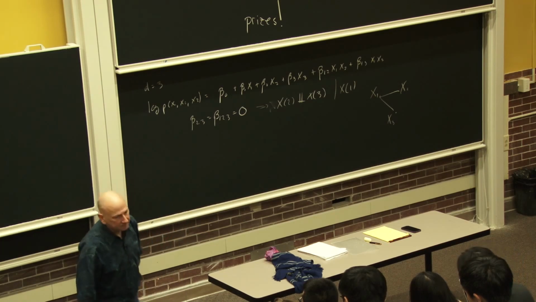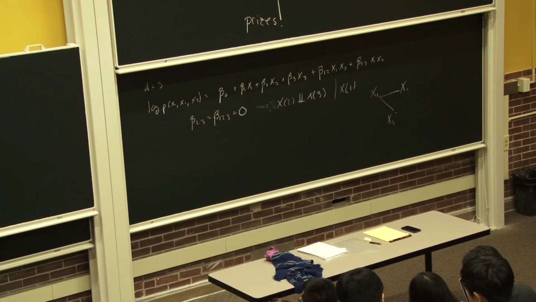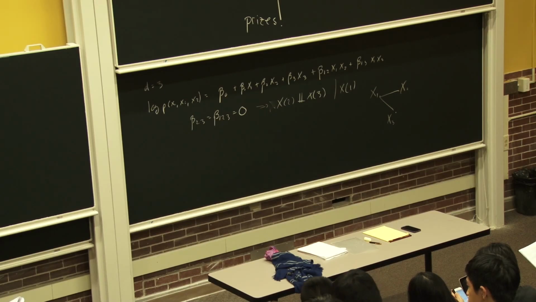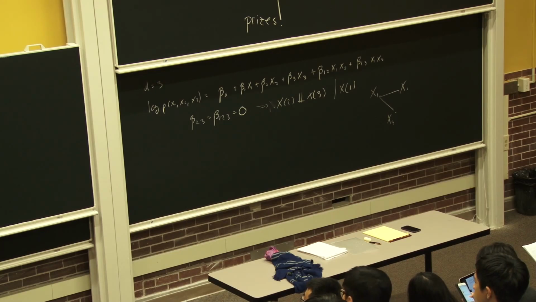You can factorize it somehow. Yep, it's from the factorization. But the statement in the middle of page 14 about log linear representation decoding independence statements in terms of these parameters, that's true in general for any log linear model, right? Not just discrete? No, this isn't even defined necessarily.